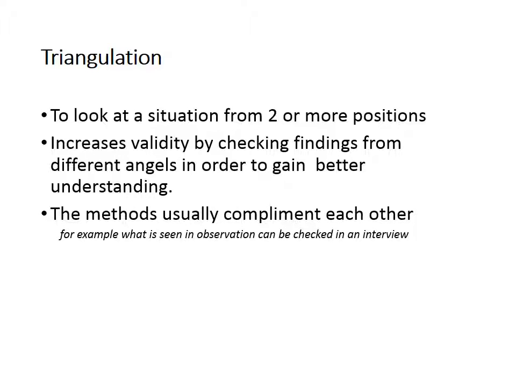The methods need to complement each other. So if we observe something as part of an observation, or something arises as part of a questionnaire, we can easily check that out by means of an interview.